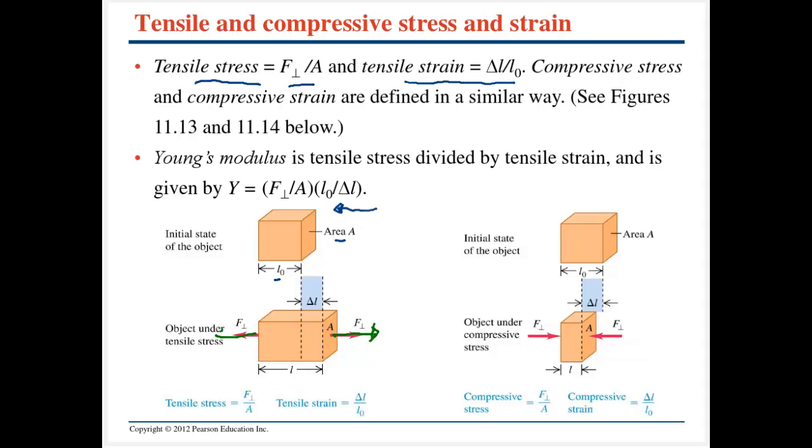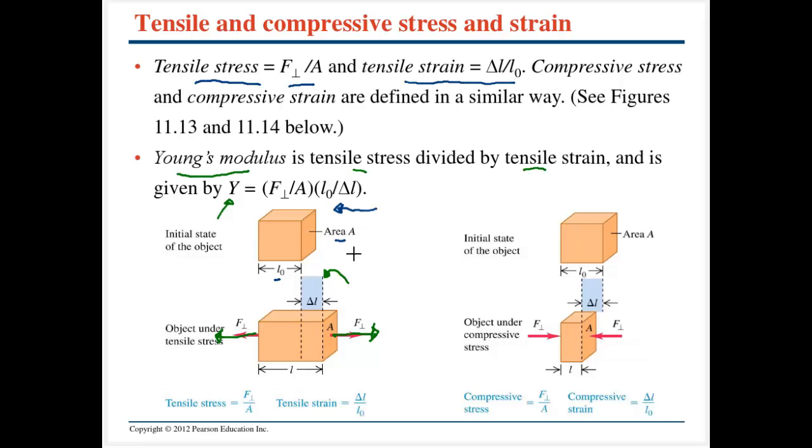Because I'm pulling on this object, I'm applying some force per unit area, and I have stretched that object out by this length delta L. This elastic modulus, how stretchy the object is, is going to have a specific name called Young's modulus, and again, that's simply going to be tensile stress divided by tensile strain. So this is kind of the spring constant for a real body.